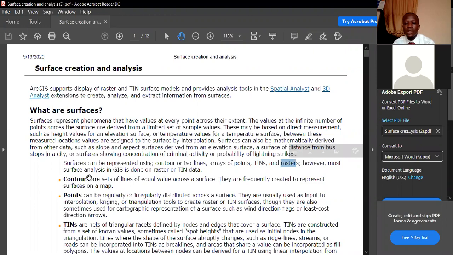However, most surface analysis in GIS is done using raster. So you have to generate a raster. Normally you will have to do a vector to raster conversion, and the software allows you to do that.